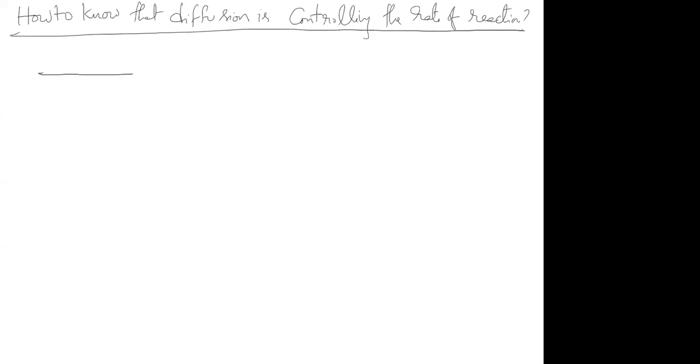Now let's take a pore something like this. In reality, pores will not be like this. Pores will be irregular, but I am taking regular pores just from the derivation point of view.